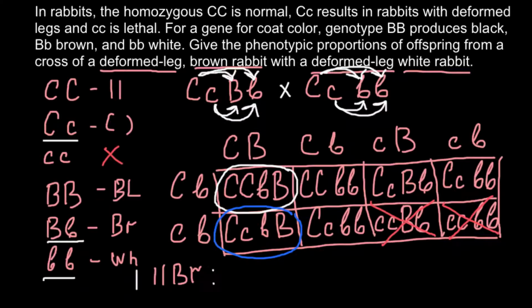So we can circle it with the same color. So this is going to be a rabbit with deformed legs and brown color. And as you see, we have two such rabbits here. So so far we have 1 to 2 ratio, and we have 3 more genotypes.